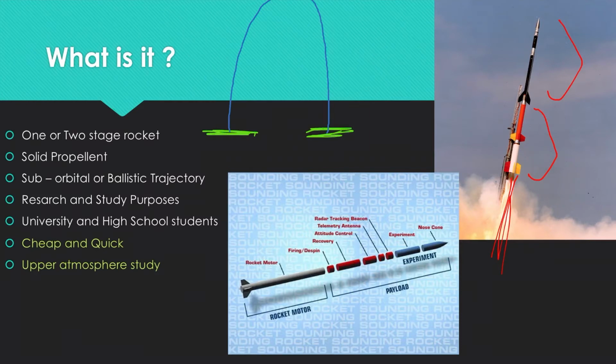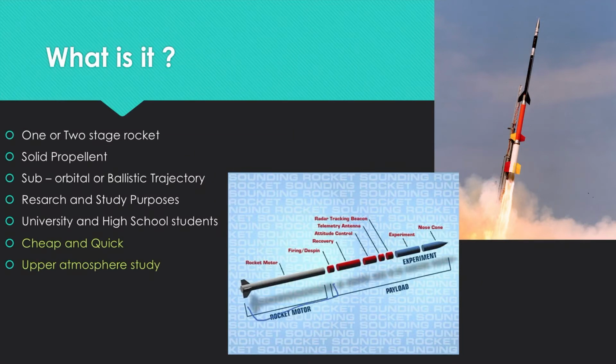Talking about the different parts that are involved in a rocket, they are basically the rocket motor, which is the propellant part, and then we have the payload, which consists of a nose cone, the experiment which has to be conducted in space. We'll be talking more about it in a minute. Next is radar tracking beacon.